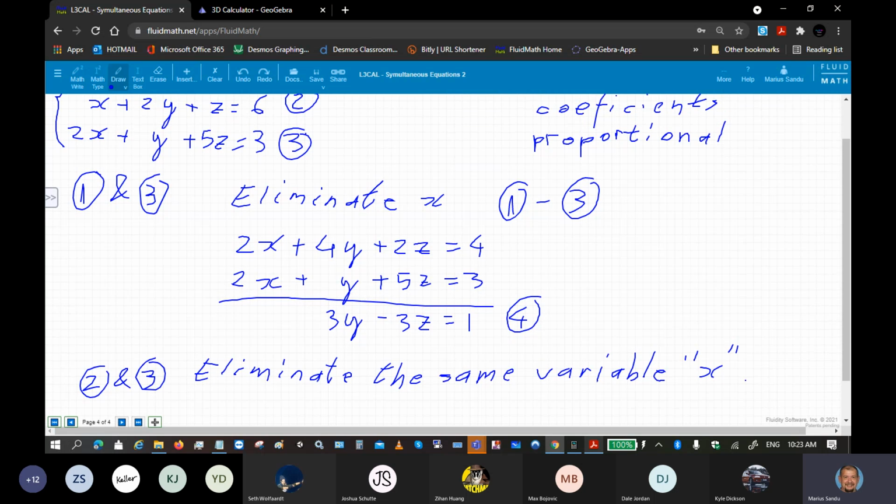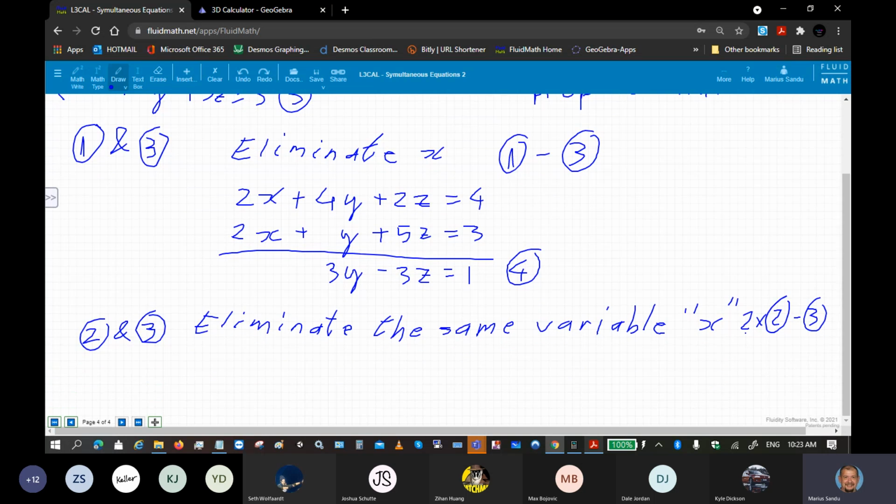So I'll have 2 times 2 minus 3. 2 times 2 is 2x plus 4y plus 2z equals 12.